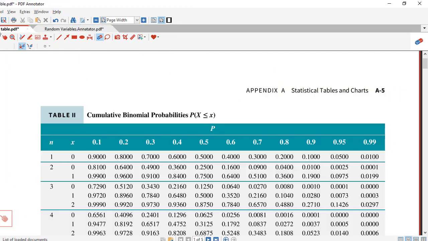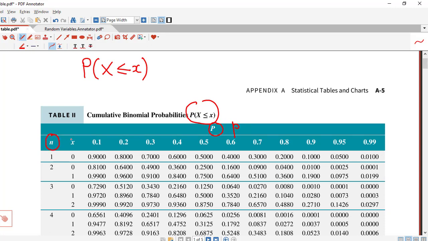Now if we are not interested in calculations, we can use binomial probability table also. So we have these binomial probability tables. Here we are given this type of cumulative binomial probabilities. This table gives us the probabilities of this type, probability that X is less than or equal to small x. So here we require value of small x, value of probability of success. Here it is denoted by capital P, but it is small p in our case.